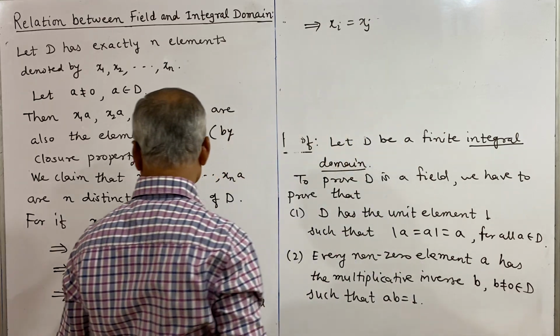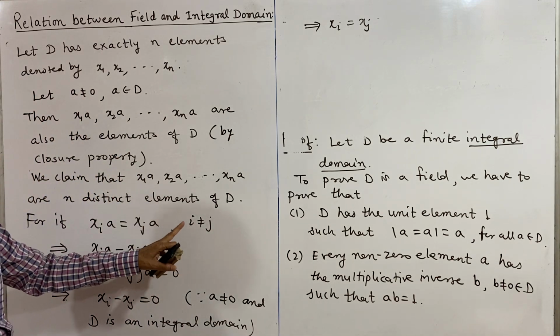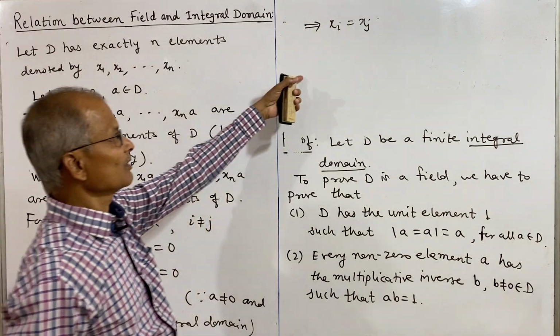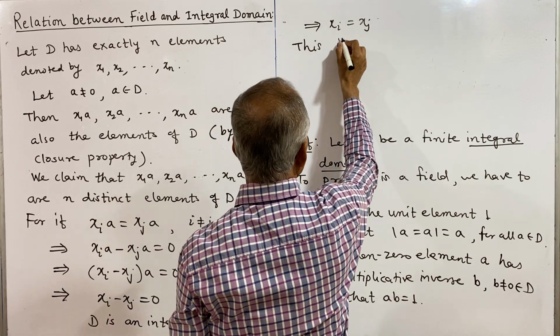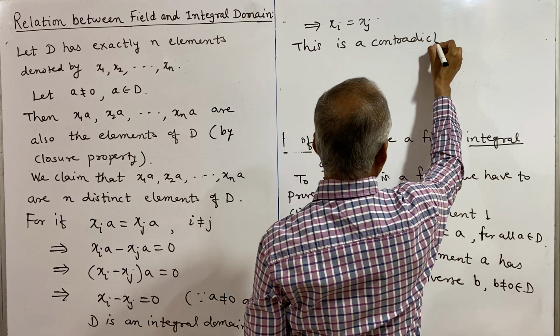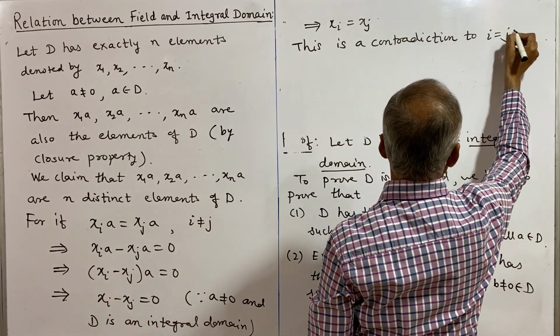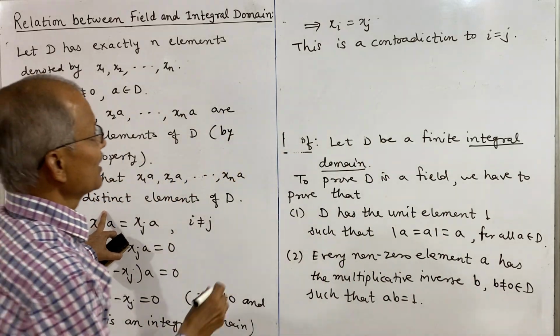And this is a contradiction to i not equal to j. When xi is equal to xj, i is equal to j, but i is not equal to j, and therefore this is a contradiction. Hence these elements are distinct.